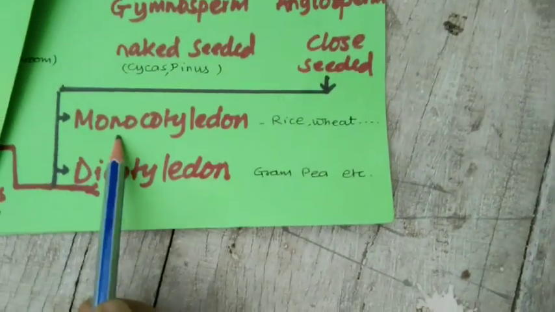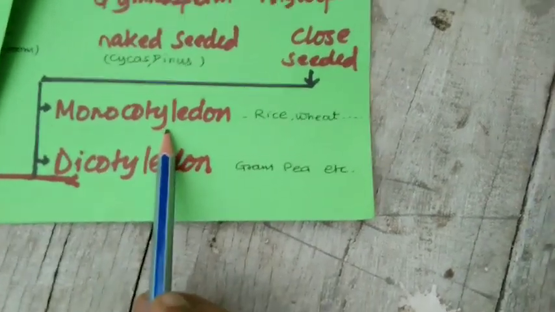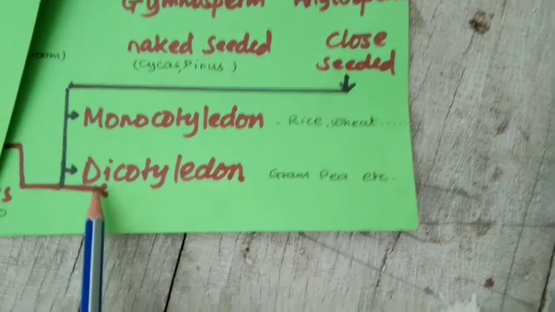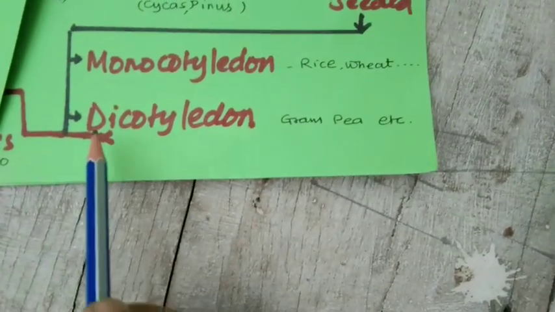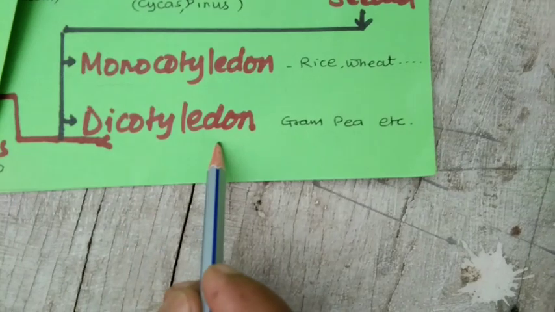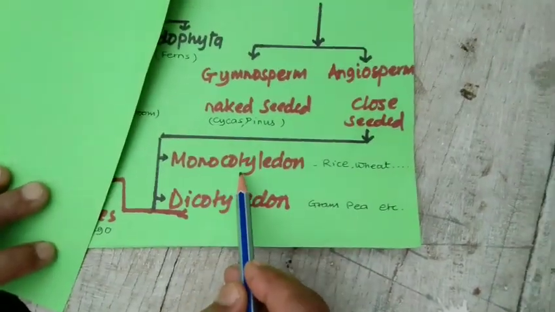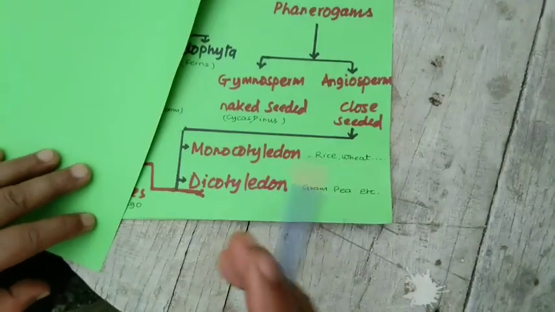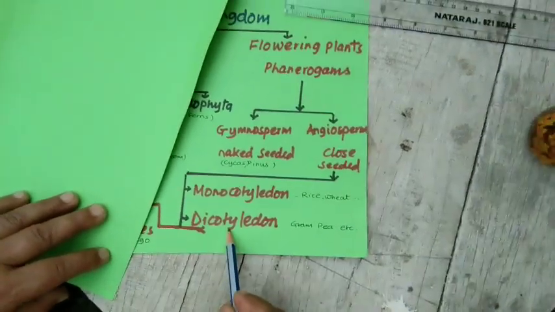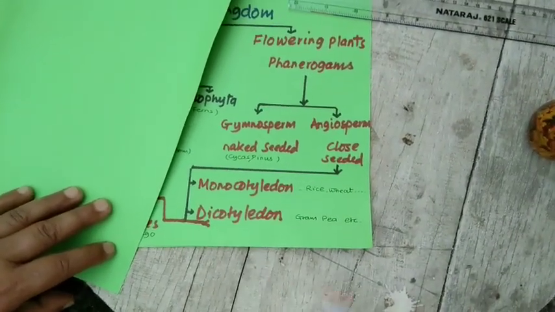You know, mono means one, cotyledon means seed leaf, and di means two or double, cotyledon means seed leaf. It is clear from the name: monocotyledon means single seed leaf and dicotyledon means double seed leaf.